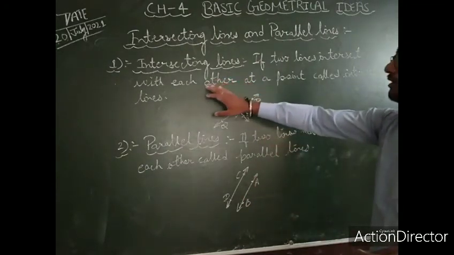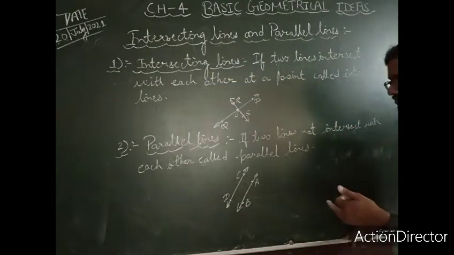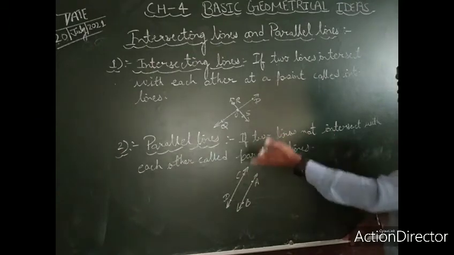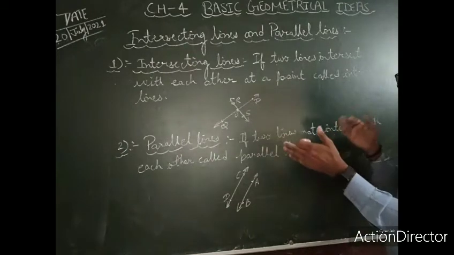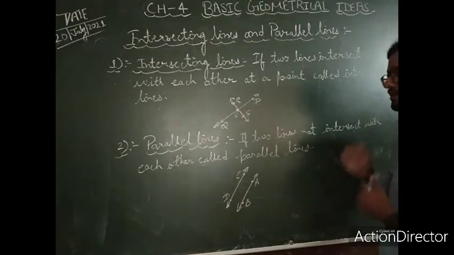Examples of intersecting lines are like crossroads, where the two roads cross with each other, okay? And a railway crossing also, where two railway tracks cross with each other.